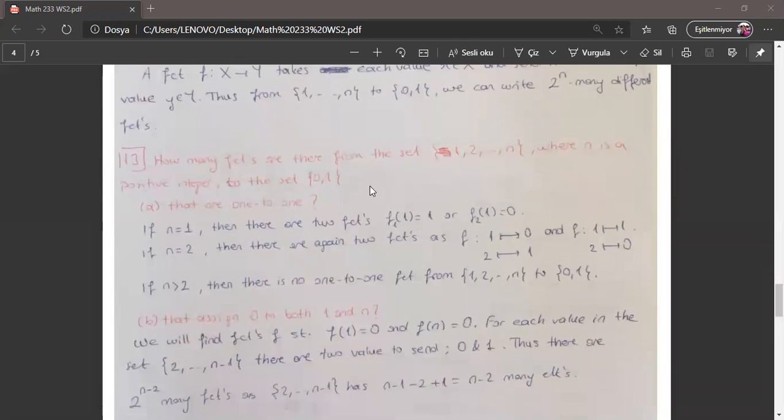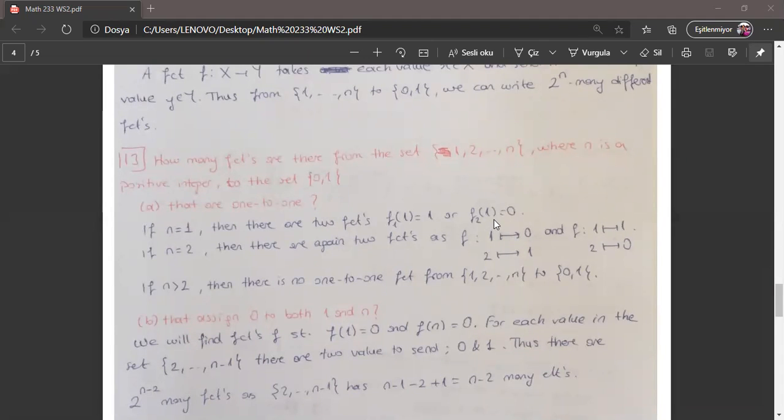Now we want to find such functions again, but now we want them to be one-to-one. So we have some cases. If n equals 1, then if this set contains only 1, it can take 1 as the image or 0.